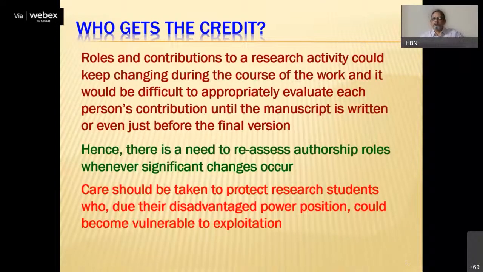It is the principal investigator who is the faculty, the supervisor who is the boss. So a research student in principle has a slightly disadvantaged power position, and will not be able to assert himself in certain situations. But to be ethical, one should take care of the interests of the students because they can become very vulnerable to exploitation otherwise.